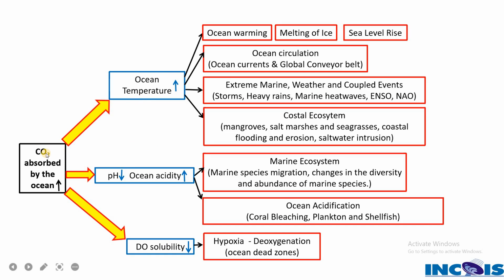Okay, so what will happen when this carbon dioxide is absorbed by the ocean? Obviously the ocean's temperature will increase, because it's again a heat trapping gas. Similarly, when the carbon dioxide is dissolved in the seawater, it will create carbonic acid.